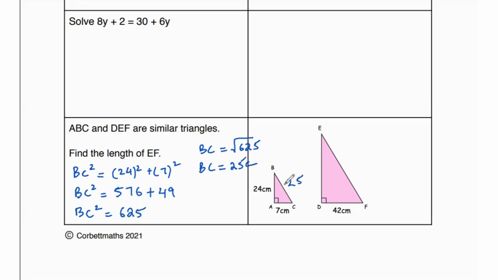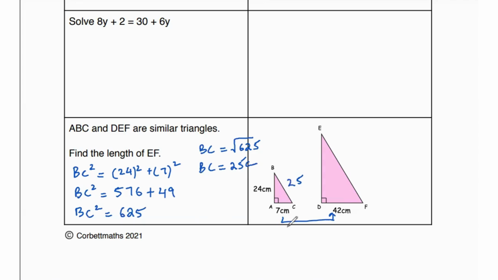So this is 25. Now we're trying to find the length of EF. Remember that whenever we have two similar shapes, there's a scale factor which is used to enlarge or make the size smaller for the other shape. In our case, comparing triangle ABC to DEF, if it's being enlarged, the lengths are increased by the scale factor, and the scale factor is common for all lengths.